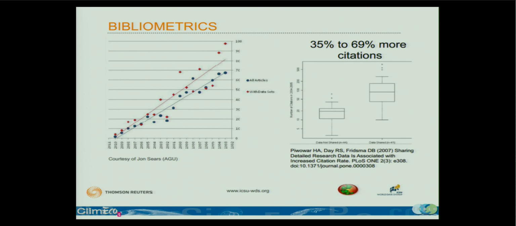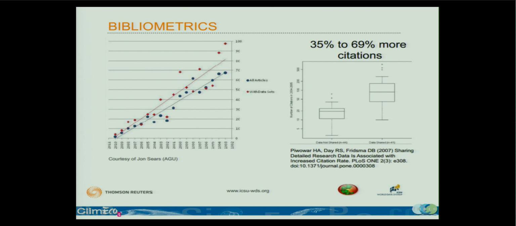Again, for papers for which the data was not available, not shared, and papers for which data was available and shared. But again, showing that if you share your data, it increases the citation of your papers.